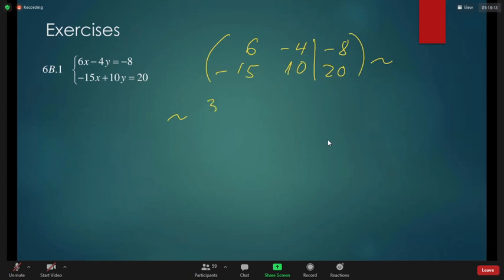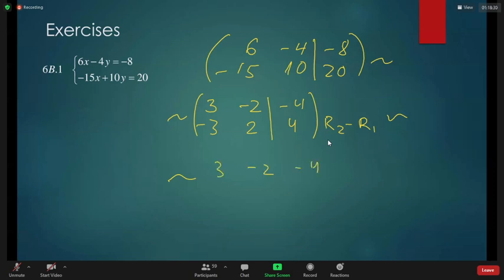So we have 3, minus 2, minus 4. The second row can be divided by, let's say, 5. So we have minus 3, 2, 4. And now when we add row 2 to row 1, we have 3, minus 2, minus 4, and we have 0, 0, 0.